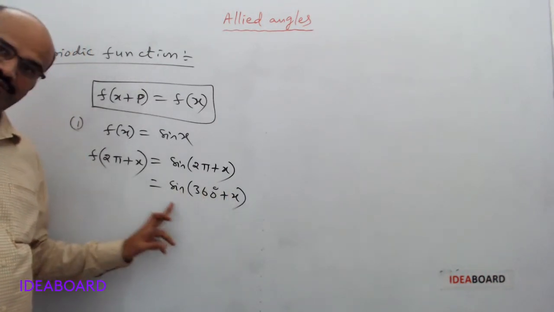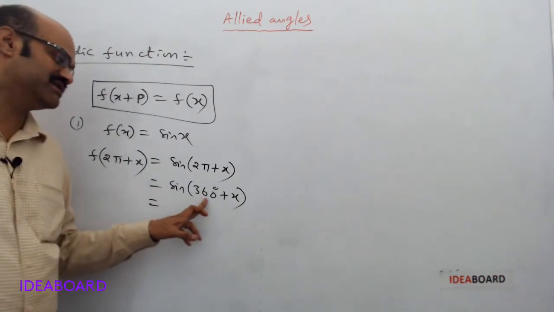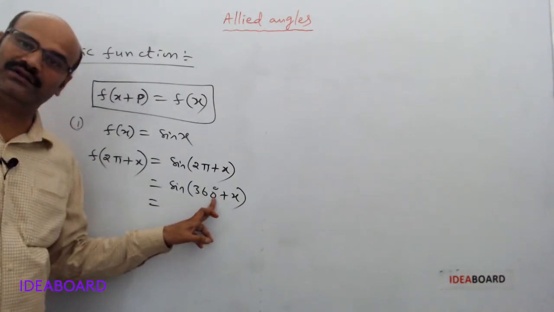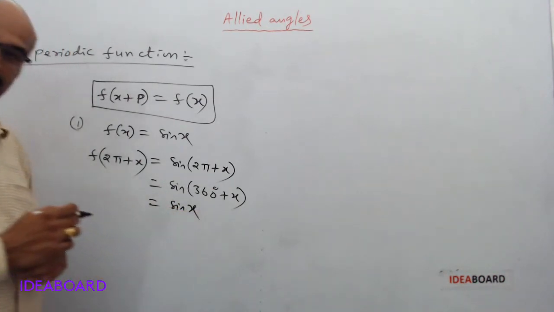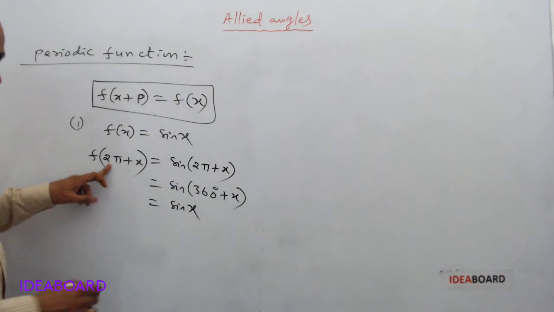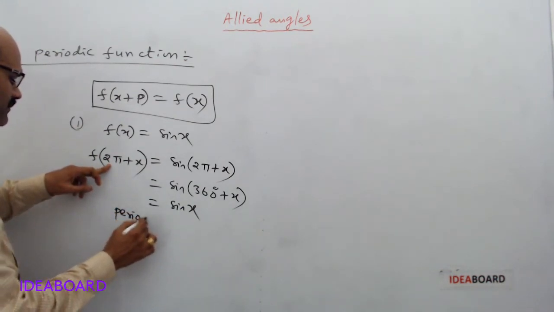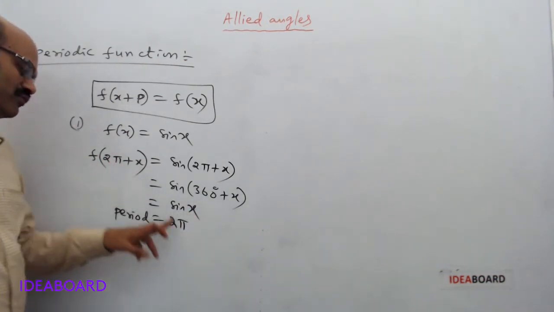So sine is positive here. Whenever you have 360 or 180, there is no change. So here we write it as sin x. So the period is 2 pi.